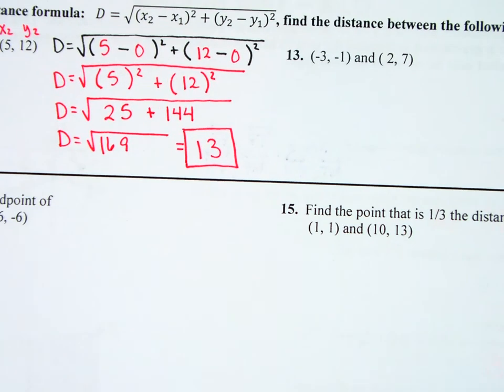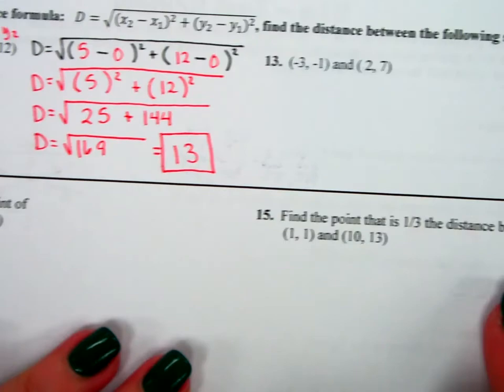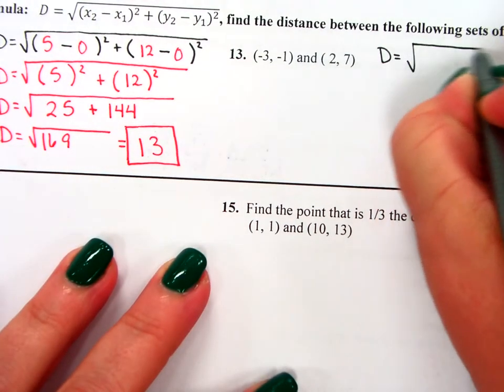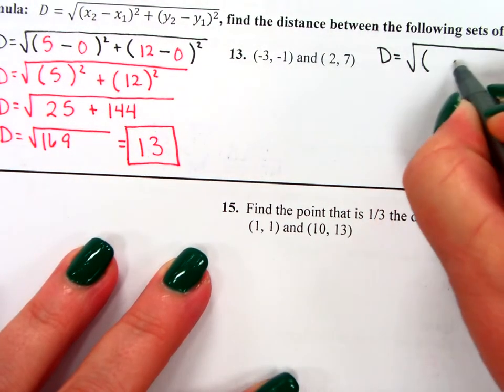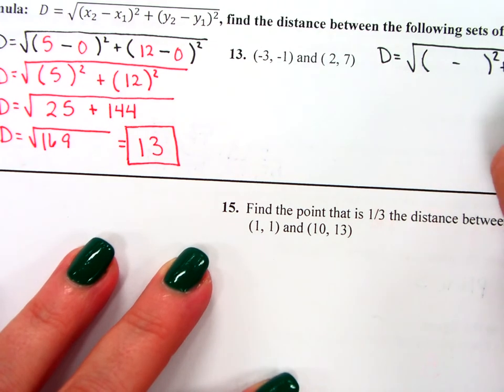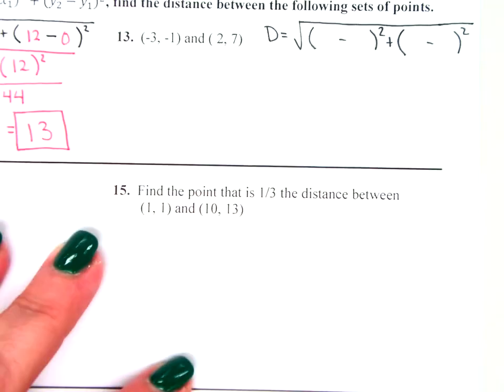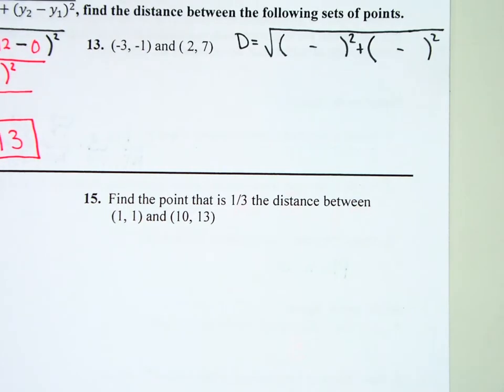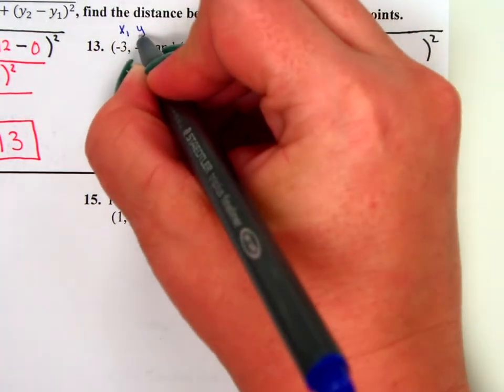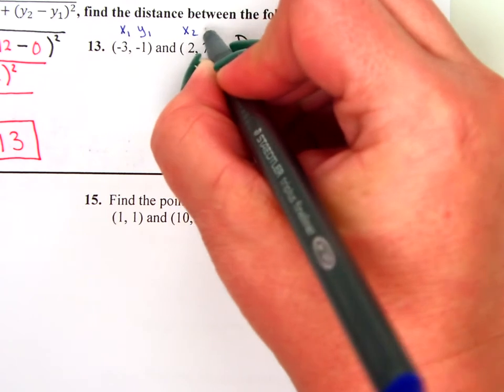Number 13, same exact process. Okay, this time we get to deal with some negatives. All right, so distance equals the square root of parentheses minus parentheses squared plus parentheses minus parentheses squared. All right, and then we label our points x1, y1, x2, y2.